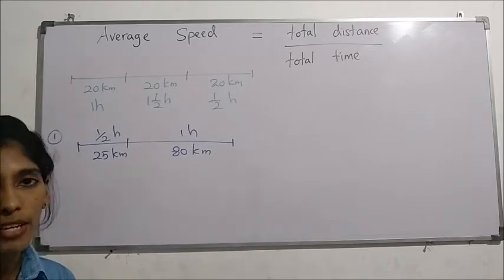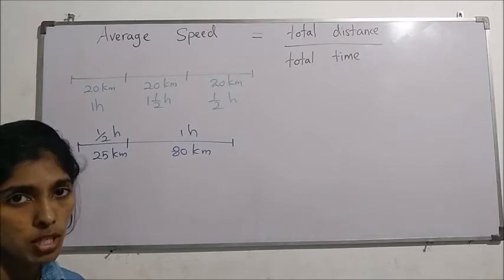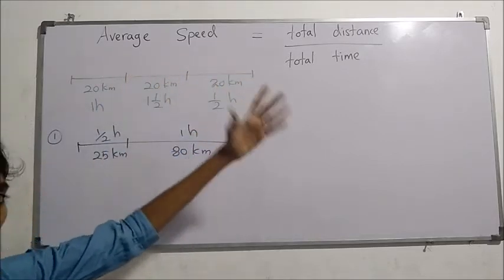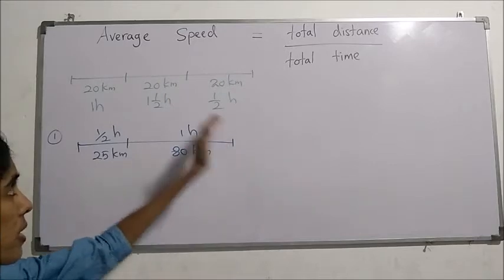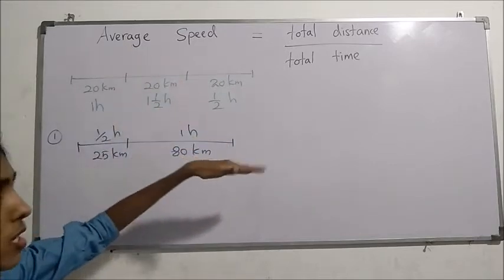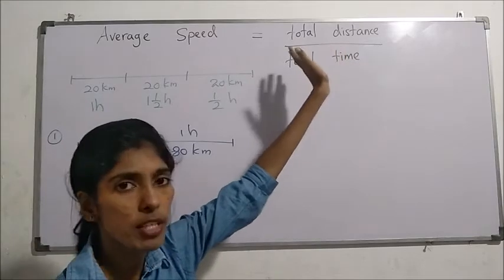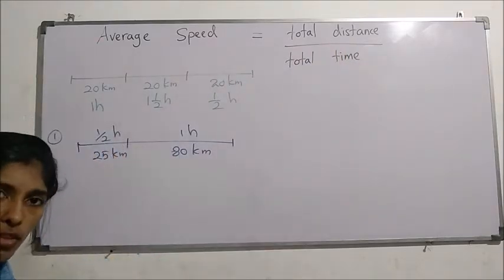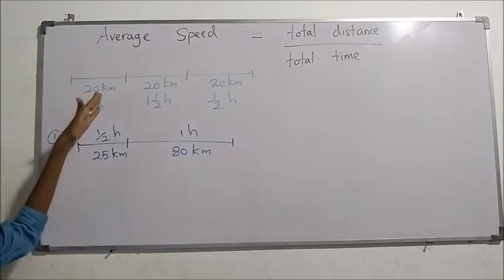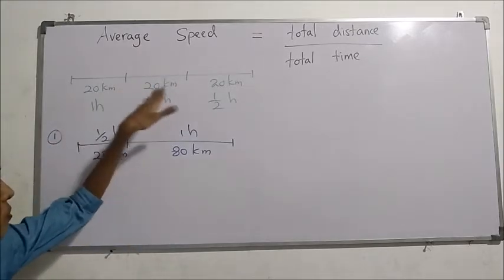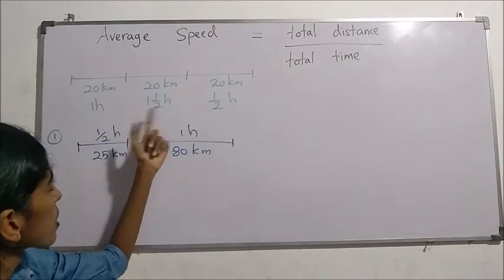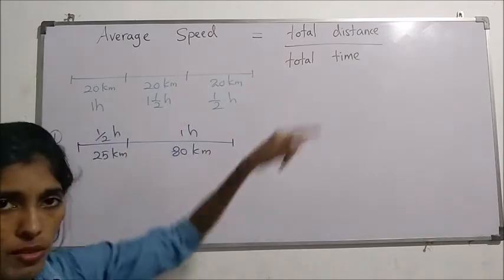In common we can find a common speed, but how? Usually we know that to find the speed we divide the distance by time. Here, to find the average speed, divide the total distance by the total time taken by the moving object or the vehicle. So here we know 60 kilometers should go up, and the time duration is 3 hours, right?